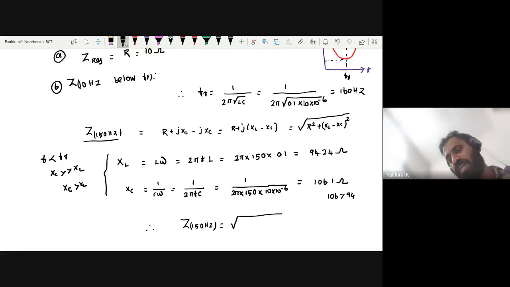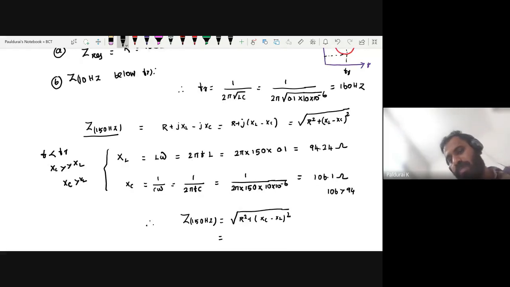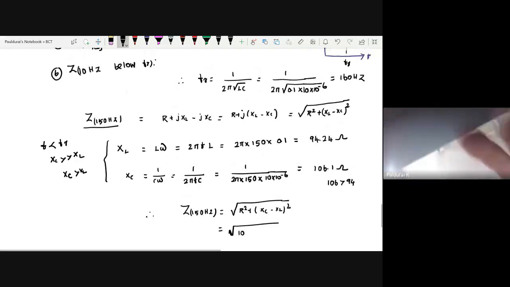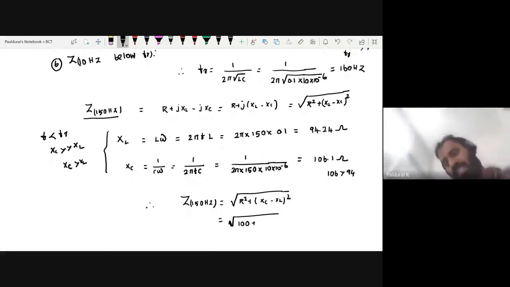The formula is R squared plus, this time, Xc minus XL, the whole square, under a square root. R equals 10, so 10 squared is 100, plus Xc is 106.1 minus XL 94.24, the whole square.